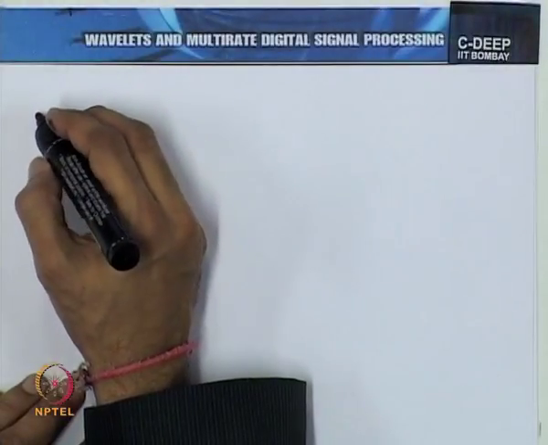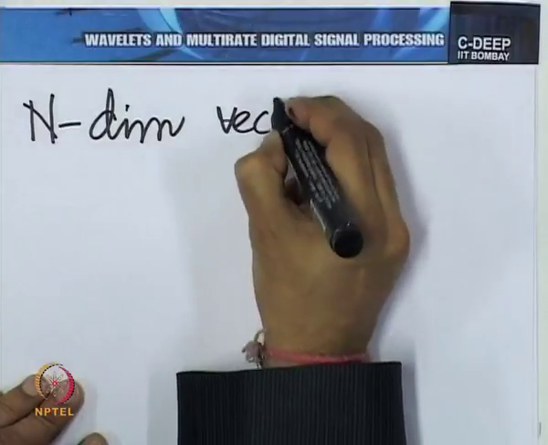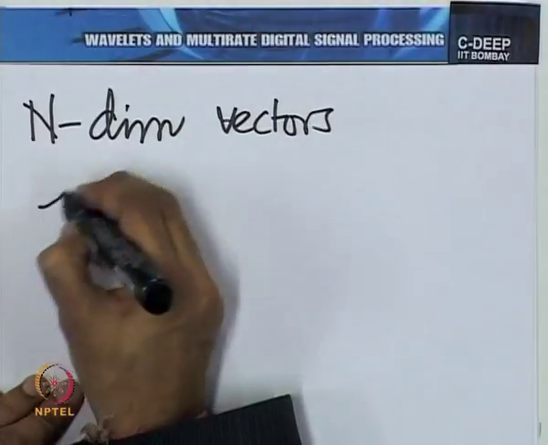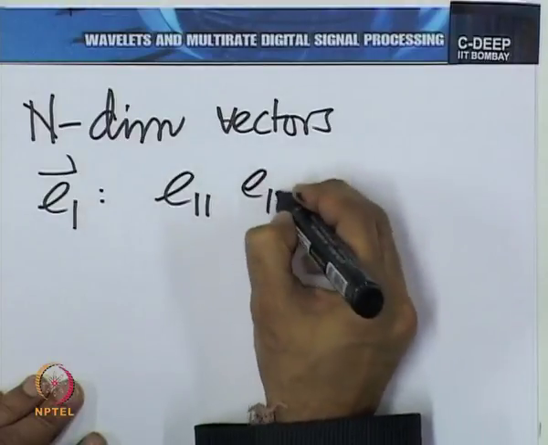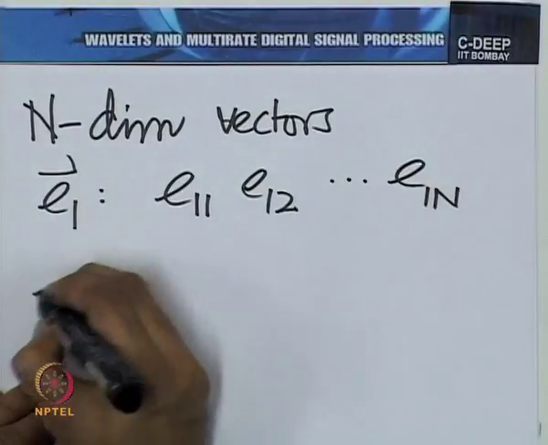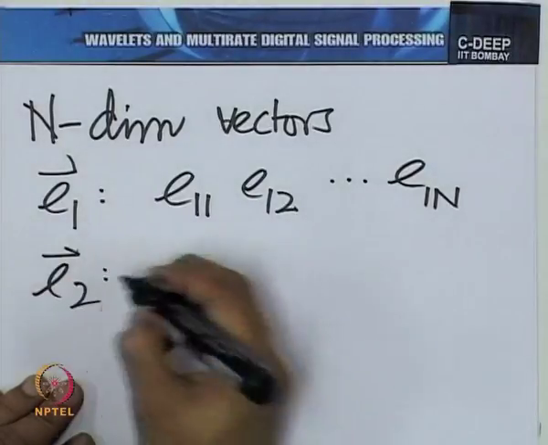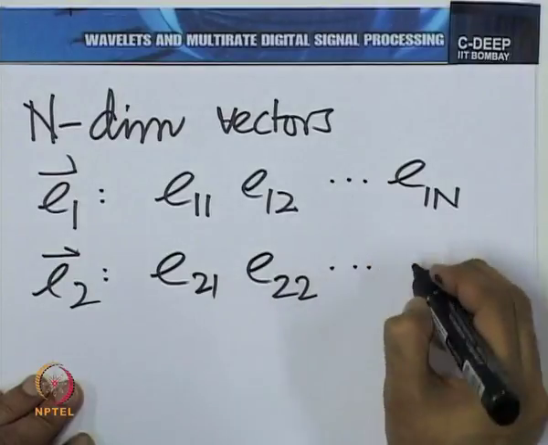Suppose we had two n dimensional vectors characterized by coordinates, say E 1 1 to E 1 n. So, you have two n dimensional vectors, E 1 characterized by coordinates E 1 1, E 1 2 up to E 1 n, and similarly E 2 characterized by the coordinates E 2 1, E 2 2 up to E 2 n.